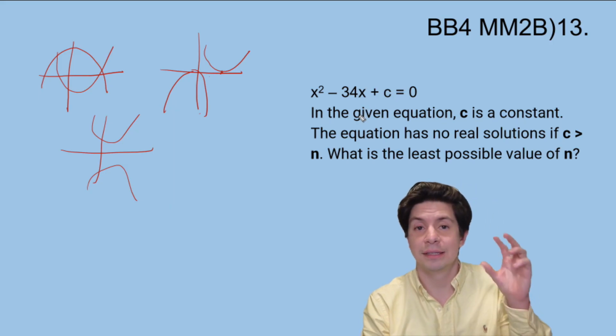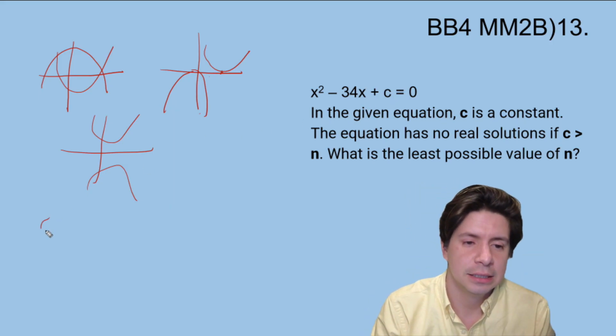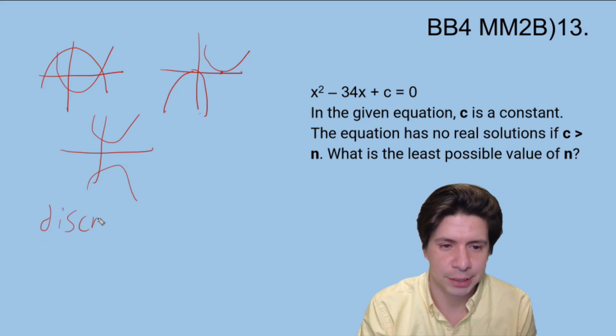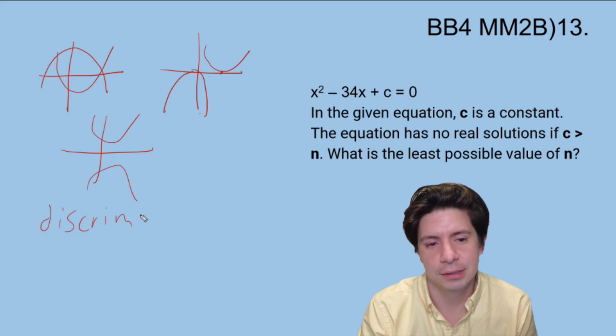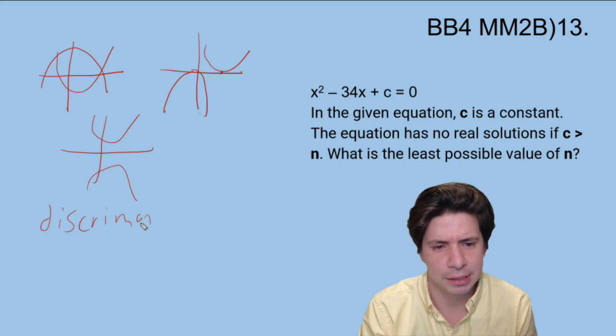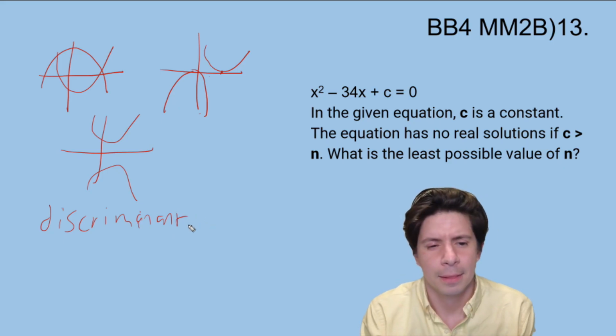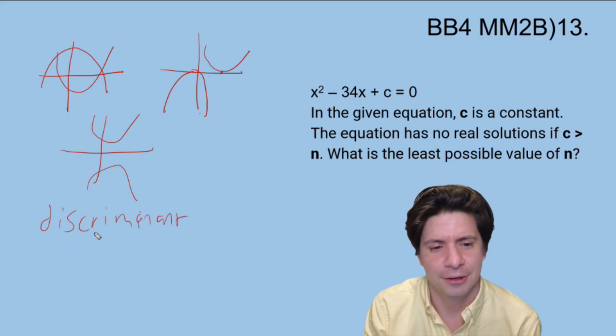What you can use is the discriminant, which is our friend. Unlike discrimination, discriminant. For some reason, I feel like I'm misspelling it, but I know I'm spelling it right.